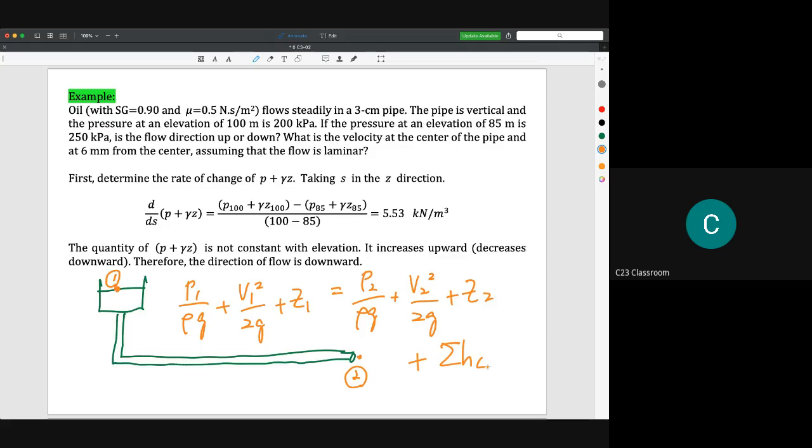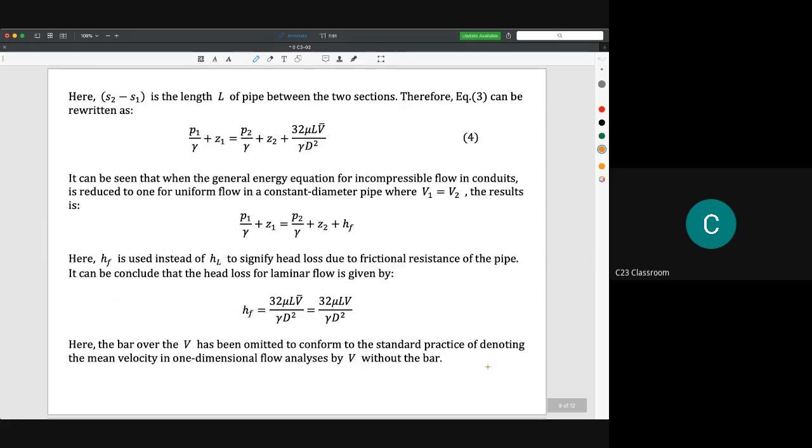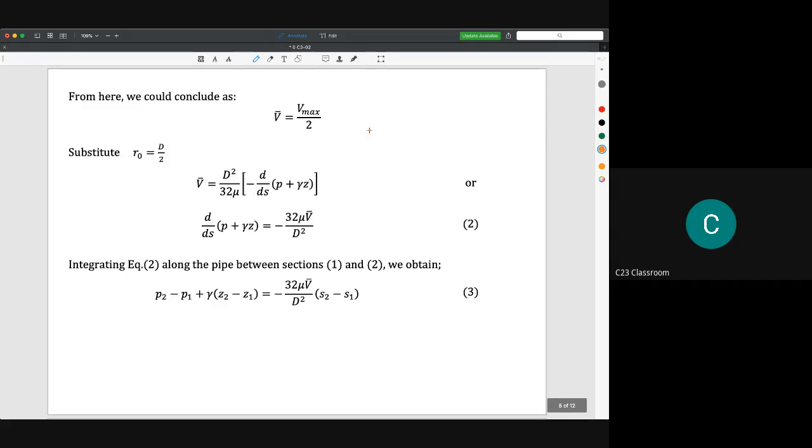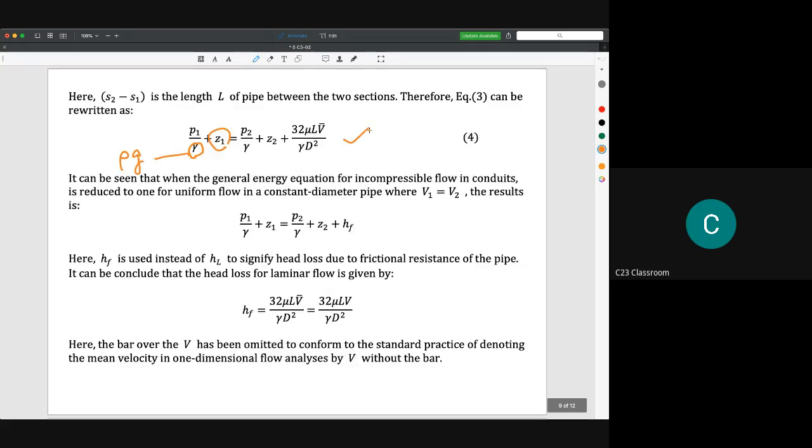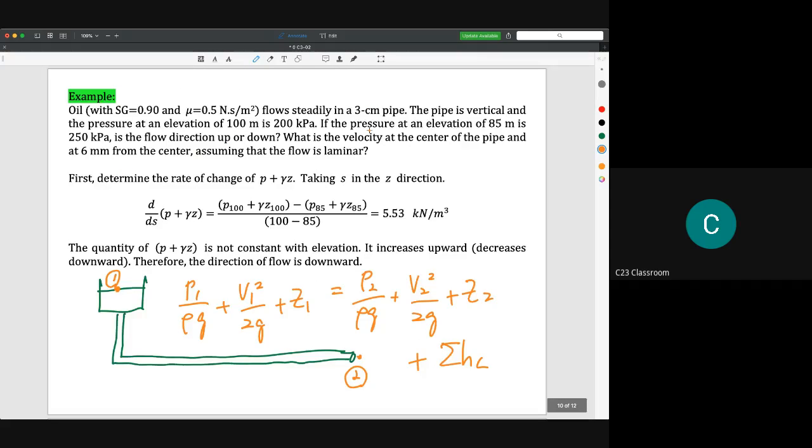If you compare the Bernoulli equation with what we have here, we have P over gamma, and please bear in mind that gamma here is actually rho g. Then you have Z here, which is about the height. Now the velocity term here is focusing on what happened in this situation.